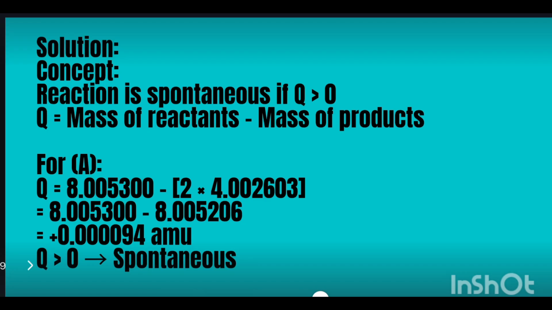So Q is equal to 8.005300 minus 2 into 4.002603. That is equal to 8.005300 minus 8.005206. That is equal to plus 0.000094 AMU. So here Q is greater than 0. That means the reaction is spontaneous.